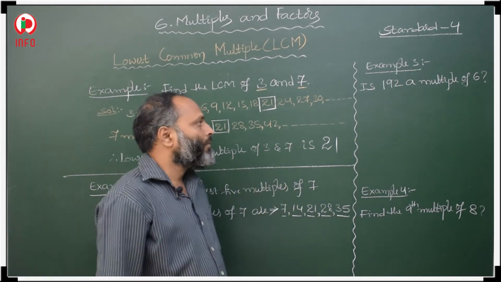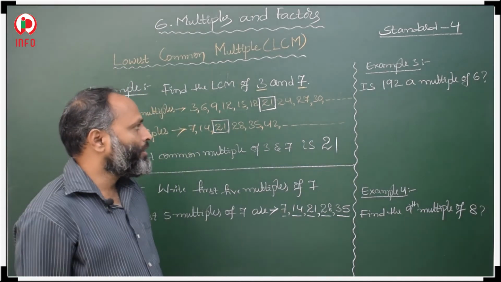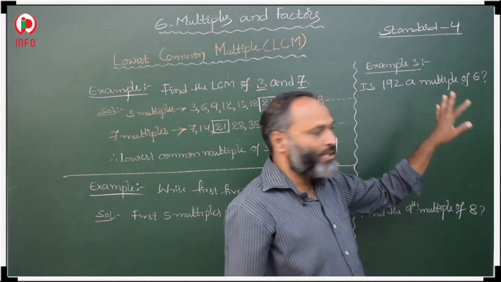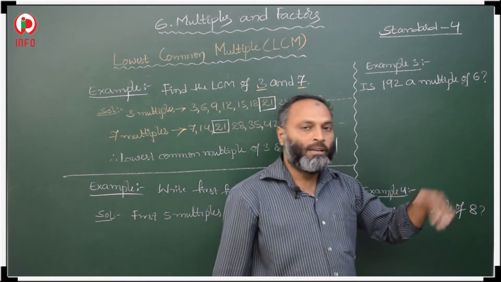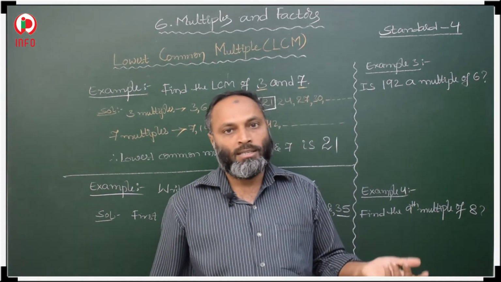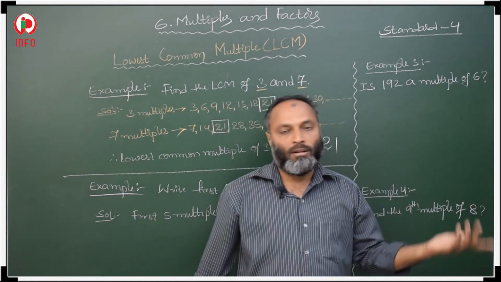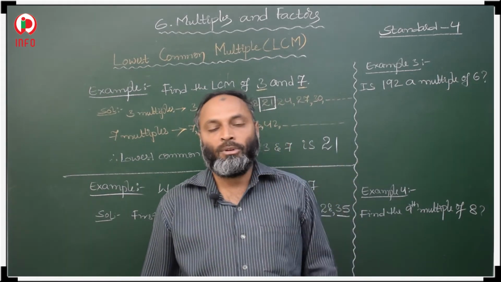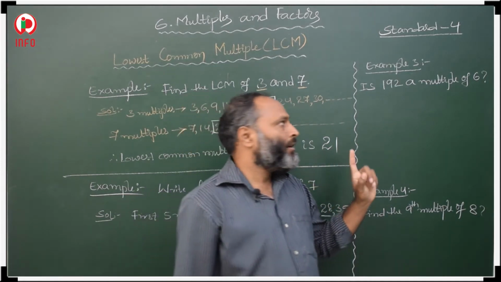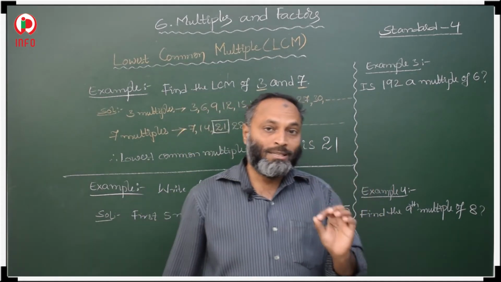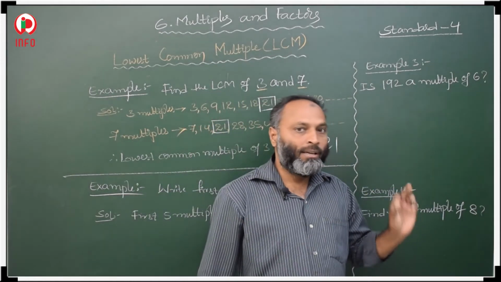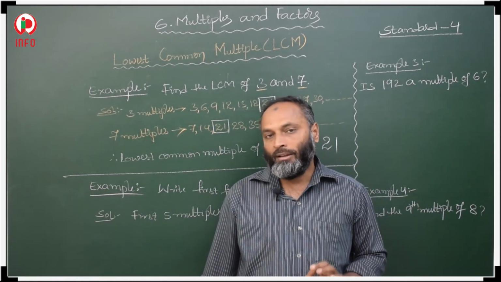Then in the third question, what is he asking? Is 192 a multiple of 6? How do we say that a given number is a multiple of another number? According to the property we learned in multiples, the multiples are exactly divided by the number.